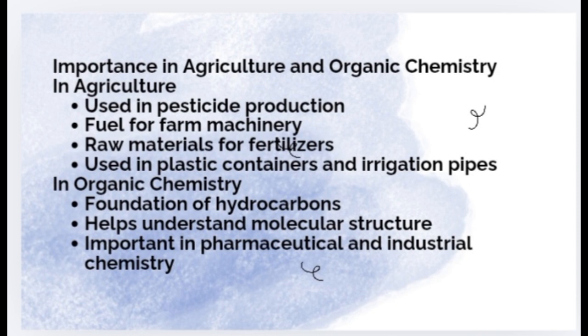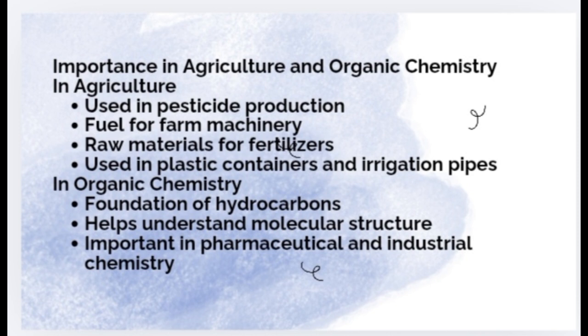Importance in agriculture and organic chemistry. Now, let's talk about the importance of constitutional isomers in agriculture and organic chemistry. In agriculture, these compounds are important because they are used in the production of pesticides that help protect crops from pests.